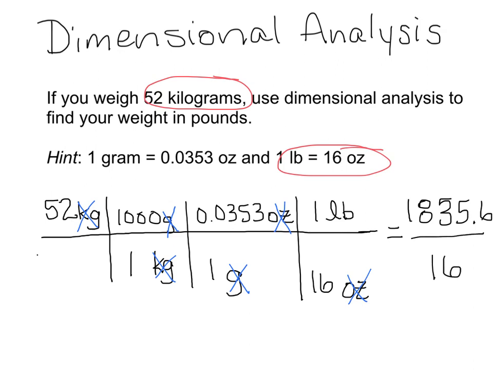When I divide that, I get that my weight in pounds is 114 pounds. Of course, I got a decimal number after that. So I can round that up to 115 pounds.